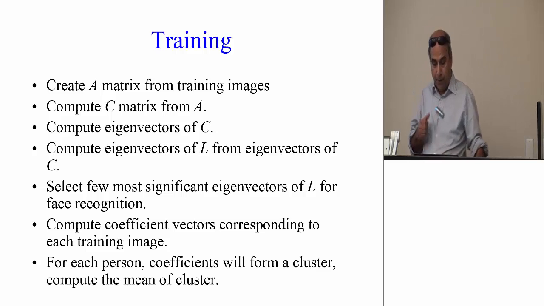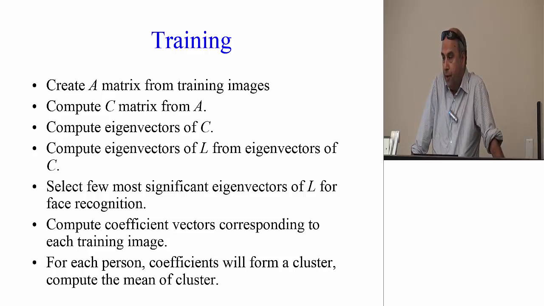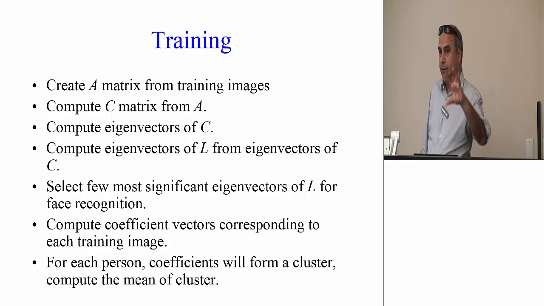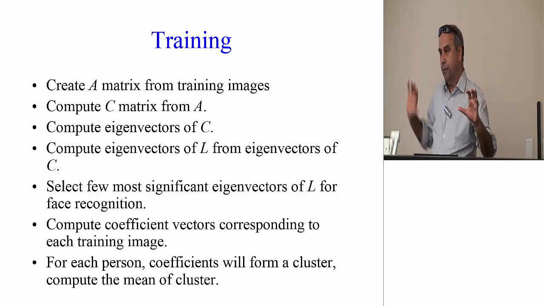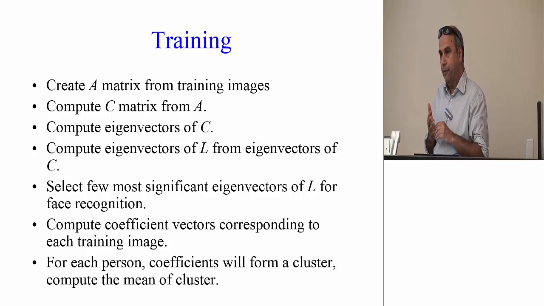Okay? So for each person, the coefficients will form a cluster because they are similar. So you have person 1 coefficients, person 2 coefficients, person 3 coefficients. That's our training: we have come up with the PCA bases.